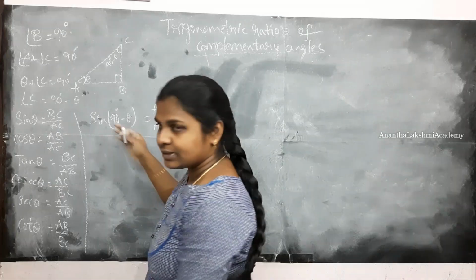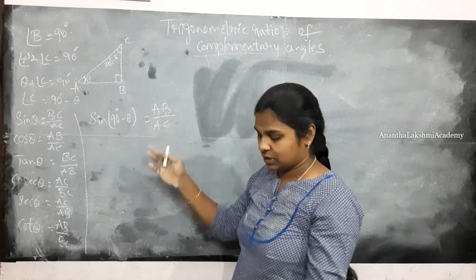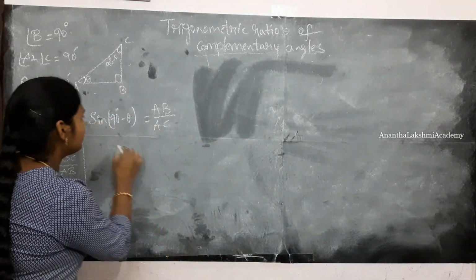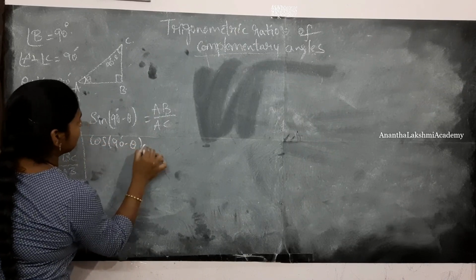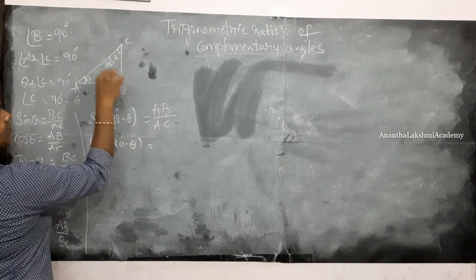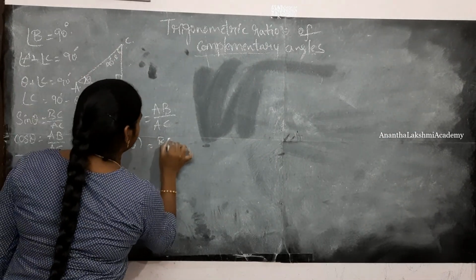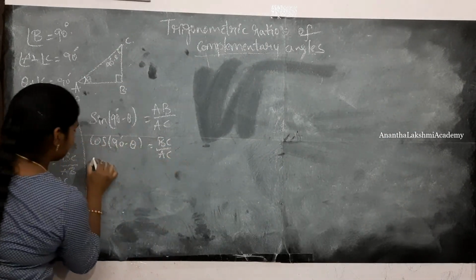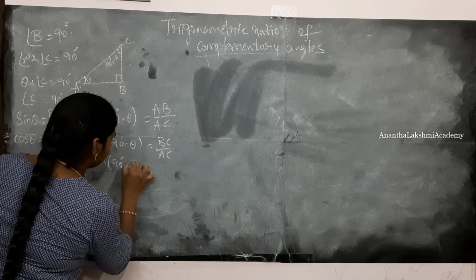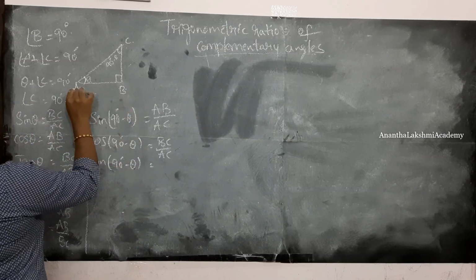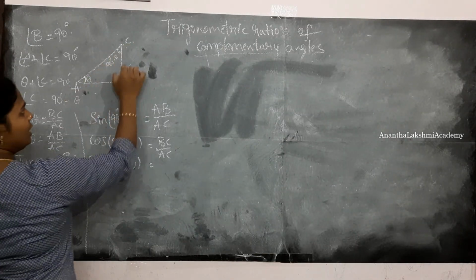Let us quickly figure out the trigonometric ratios for all the values. This is cos of 90 minus theta. From here, adjacent is BC by AC. Next, tan of 90 minus theta is nothing but, from here, AB by BC.